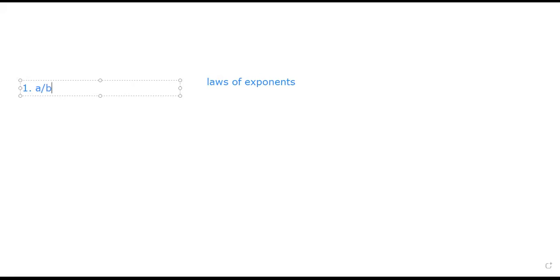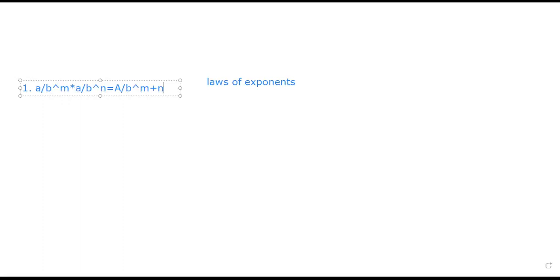So law number 1 says that (a/b)^m into (a/b)^n is equal to (a/b)^(m+n). I'll explain this now.